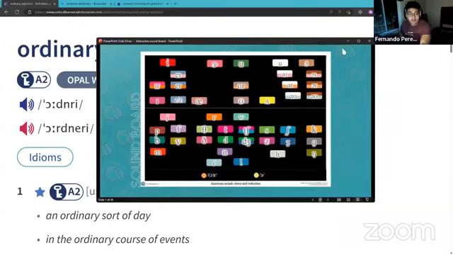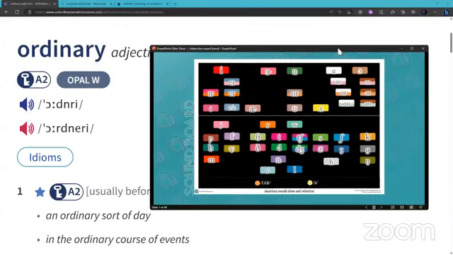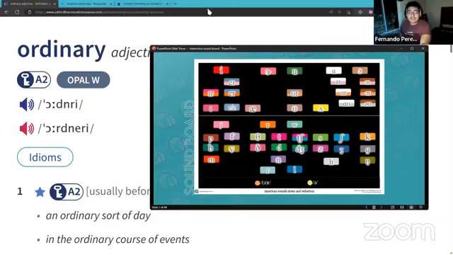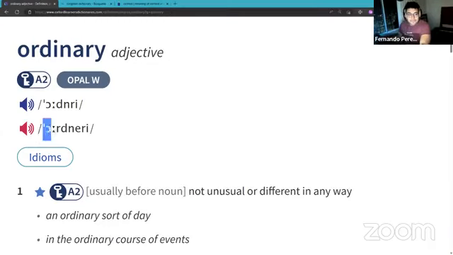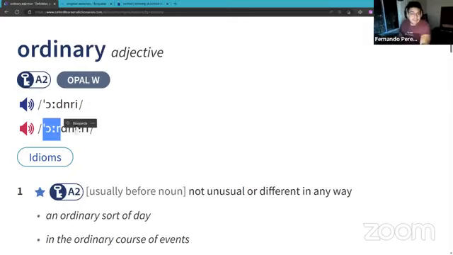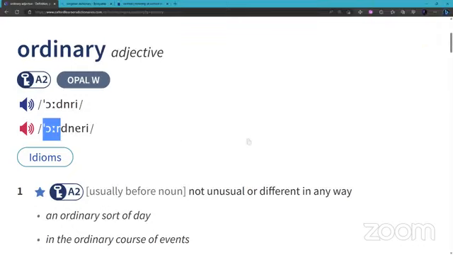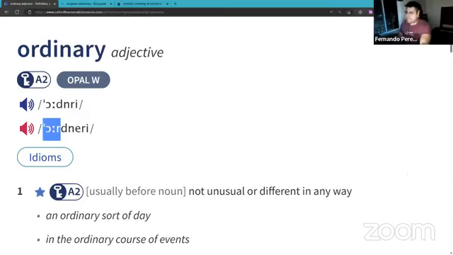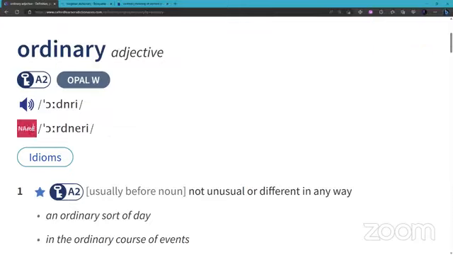The strong syllable is indicated with the apostrophe, right next to the syllable. So in this case, the first syllable is a strong one. Ordinary. Excellent. Now eliminate the I, imagine it doesn't exist. Ordinary. Excellent. Read it again.